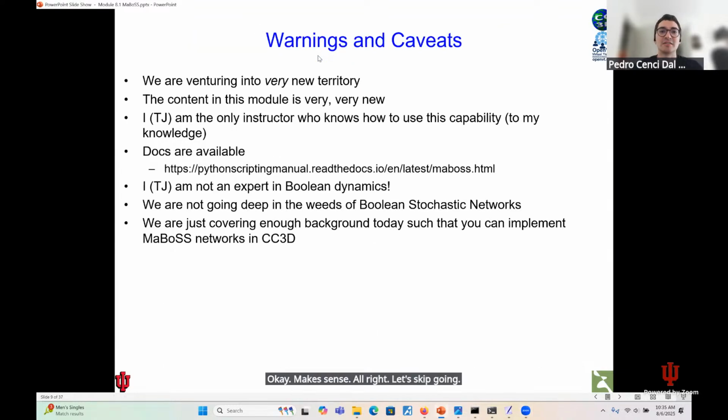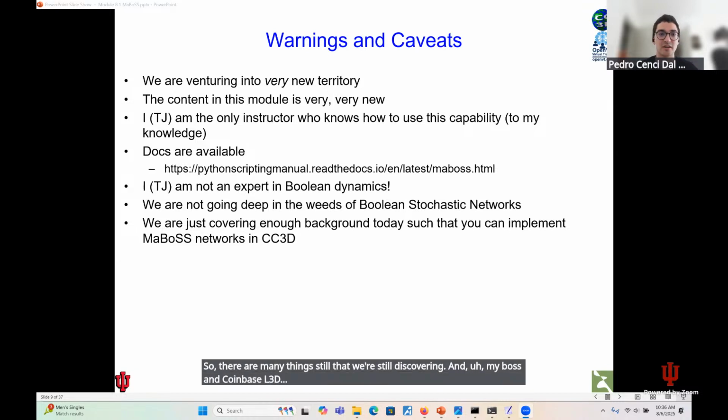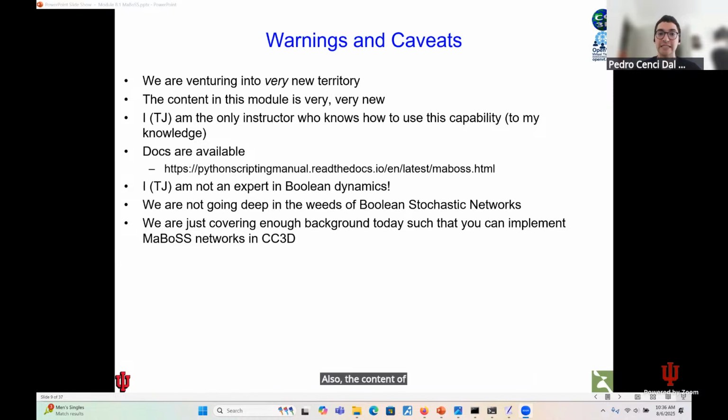So a few warnings and caveats now. First, this is very new territory. There are many things we're still discovering. And the MaBoSS and CompuCell3D integration is also very recent in the history of CompuCell3D. Also, the content of this module is new, originally written by TJ, and I think this was only taught once.